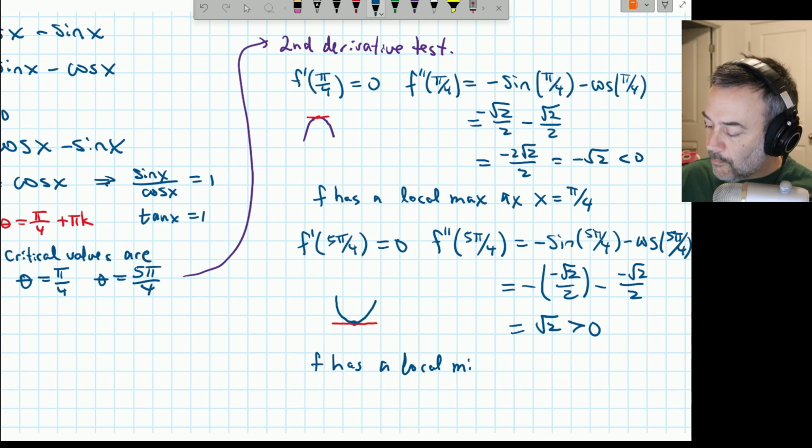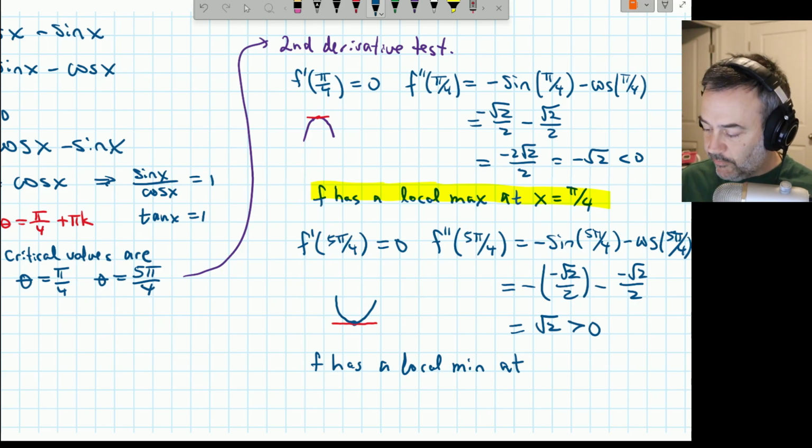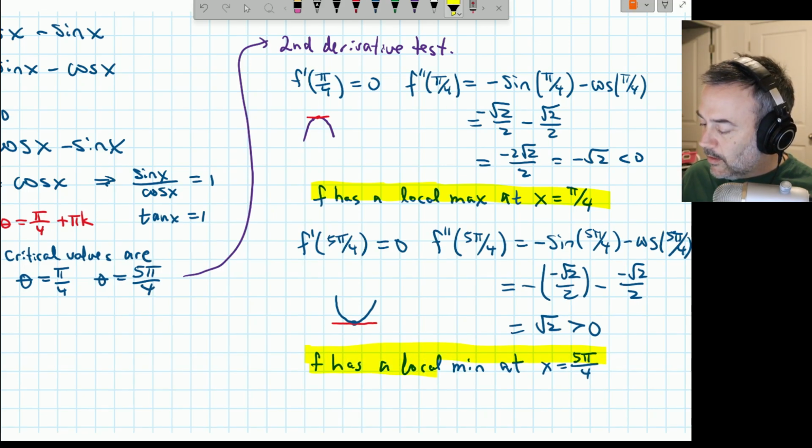I just realized I wrote the wrong thing. f has a local max at x equals pi over 4, and f has a local min at x equals 5 pi over 4. All right, so max at pi over 4, min at 5 pi over 4.